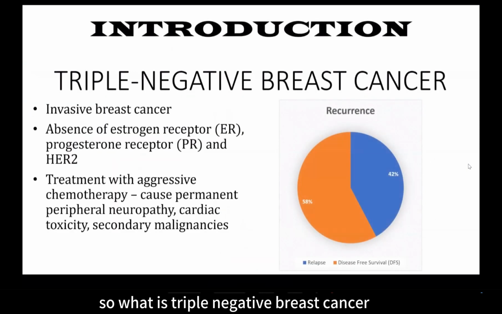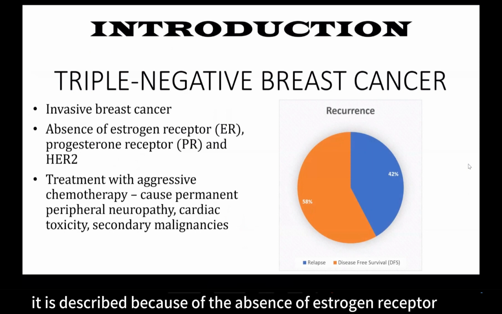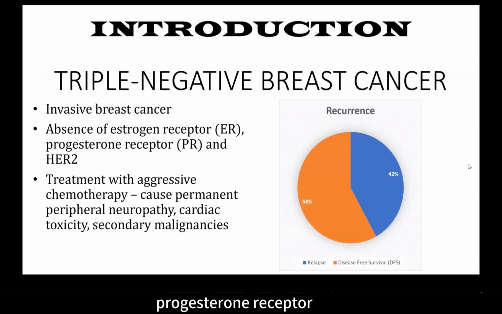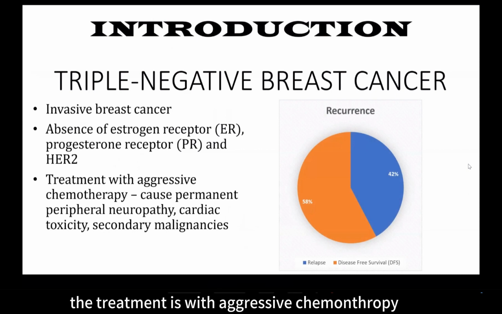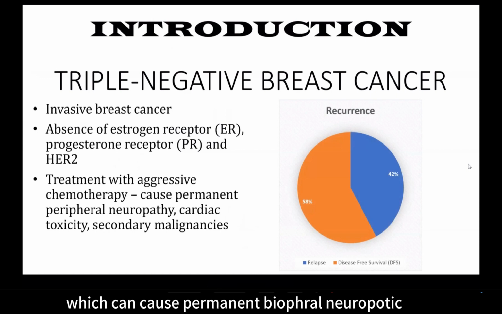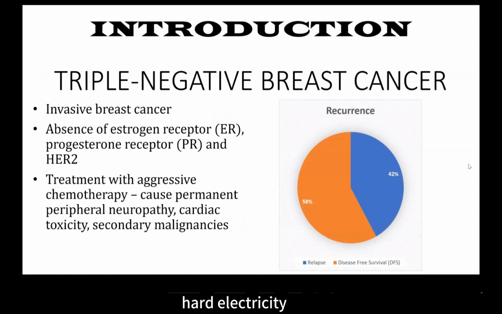So, what is triple negative breast cancer? This is an invasive type of breast cancer, described by the absence of estrogen receptor, progesterone receptor, and HER2. Currently, the treatment is aggressive chemotherapy, which can cause permanent peripheral neuropathy, cardiac toxicity, and secondary malignancy.